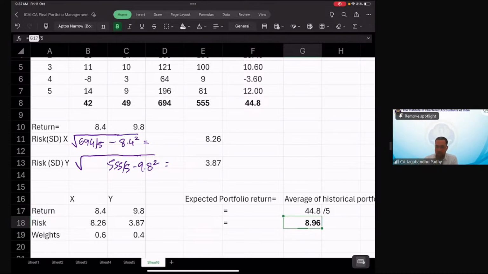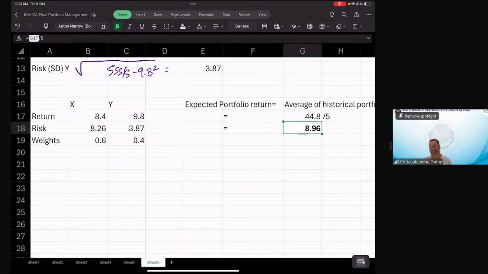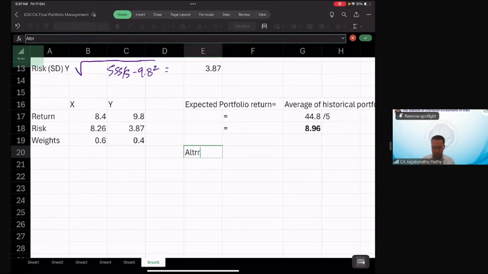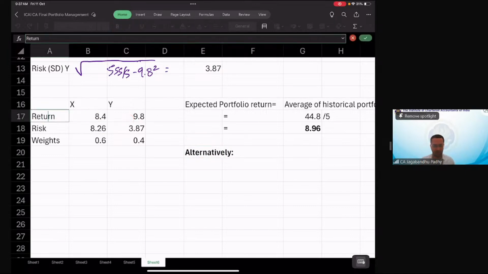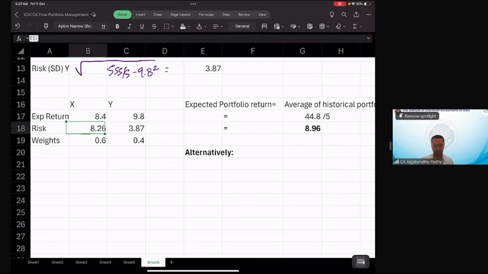Right? Now, we got this expected portfolio return by simply taking the average of historical portfolio return. Alternatively, if you just try it out, just check if the weighted average of the expected return of X and Y is coming out to be the same 8.96.